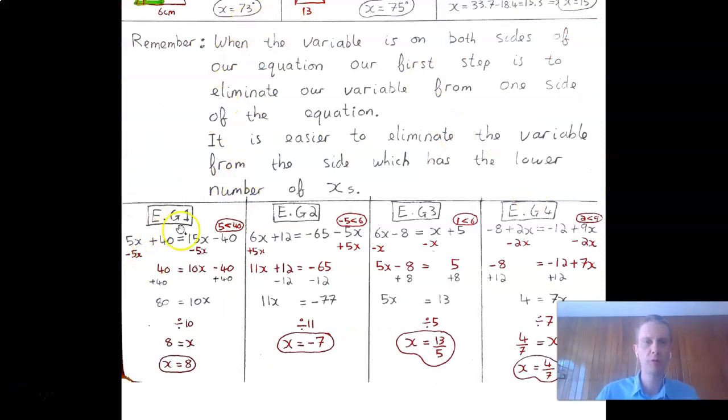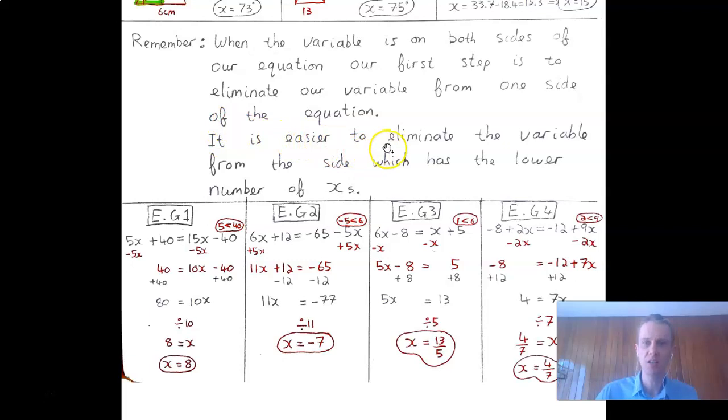Before we look through these four examples which I've picked out, I just want to highlight something that you need to remember with these equations. When the variable is on both sides of our equation, our first step is to eliminate our variable from one side of the equation.